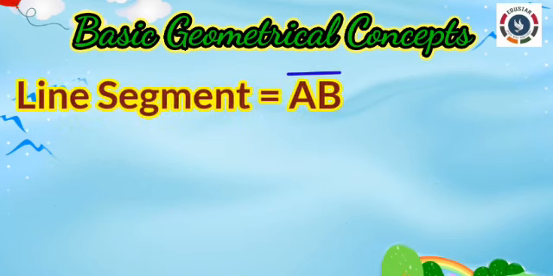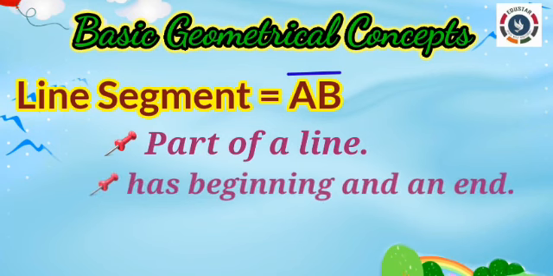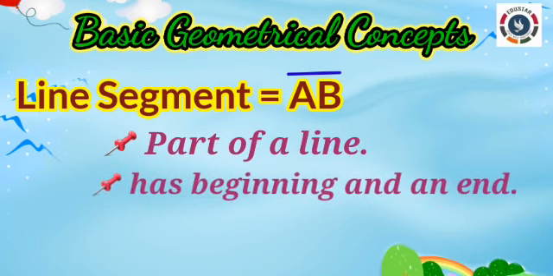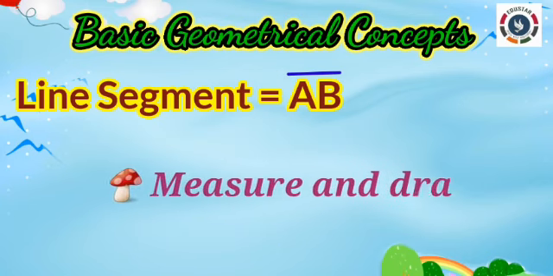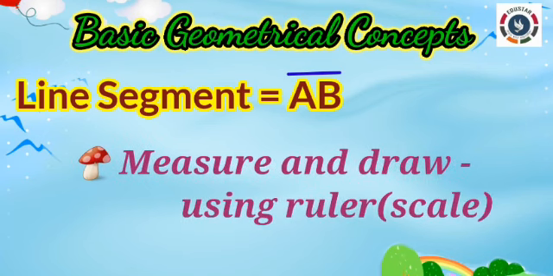Next, line segment. A part of a line is a line segment. It has a beginning and an end. We denote a line segment by an overbar over 2 letters corresponding to points on the line segment. We can measure and draw a line segment using a ruler because it has a beginning and an end.